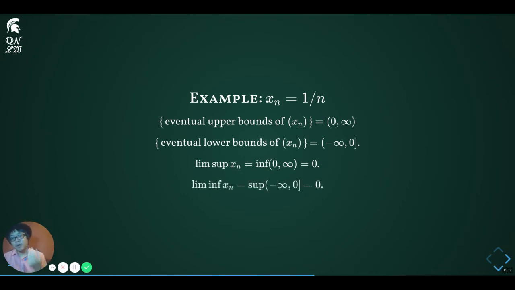The lim inf of x_n, being the supremum of all eventual lower bounds, is the supremum of all non-positive numbers, which is also 0. As we will see later, in general, the lim sup and lim inf of a bounded sequence need not agree. That they are the same for this example is a happy accident.